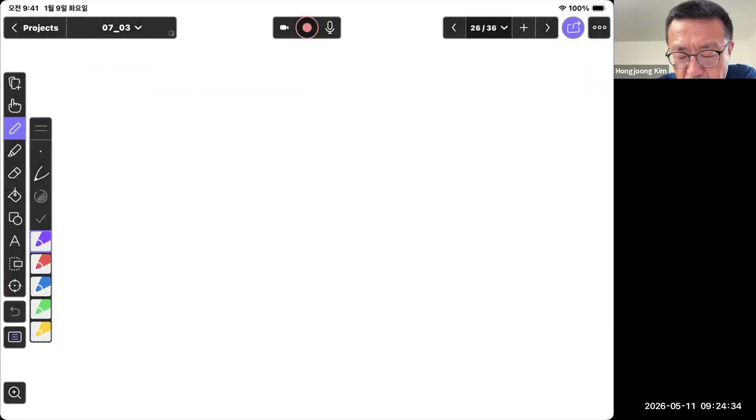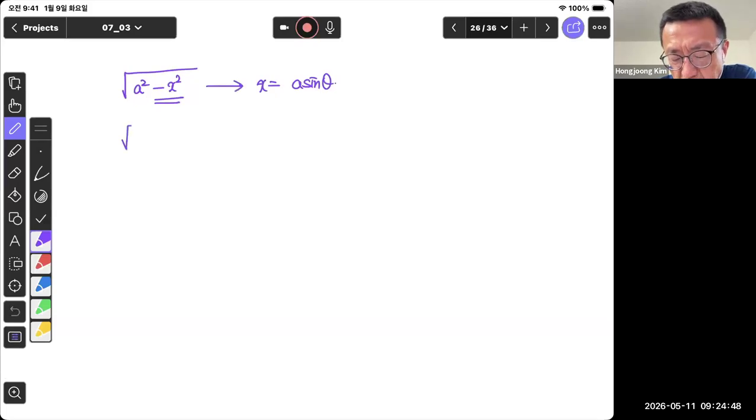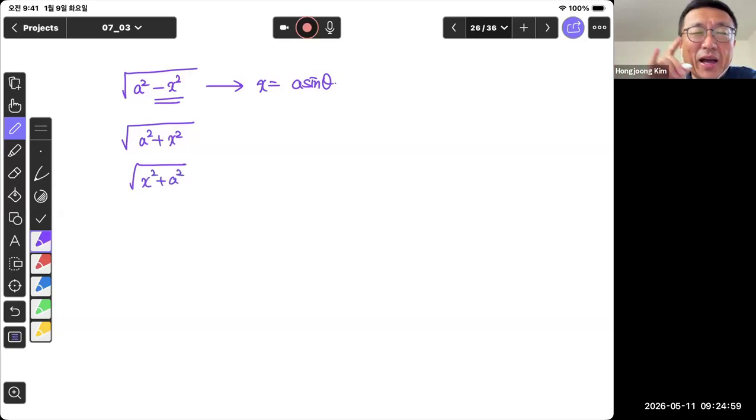This is very important. So if you see negative x squared, then x will be replaced by a sine theta. If you see square root of a squared plus x squared, or square root of x squared plus a squared, so two positive terms are added, then x will be replaced by a tangent theta.